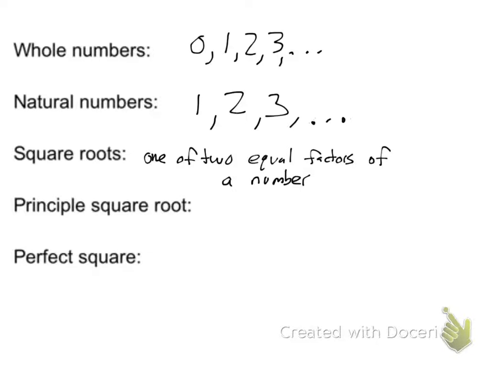When I solve an equation using a square root, I have to use plus and minus. So we get 5 and negative 5. The principal square root is the positive square root.